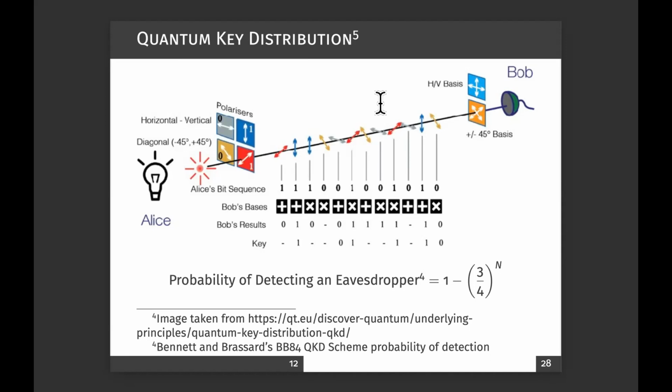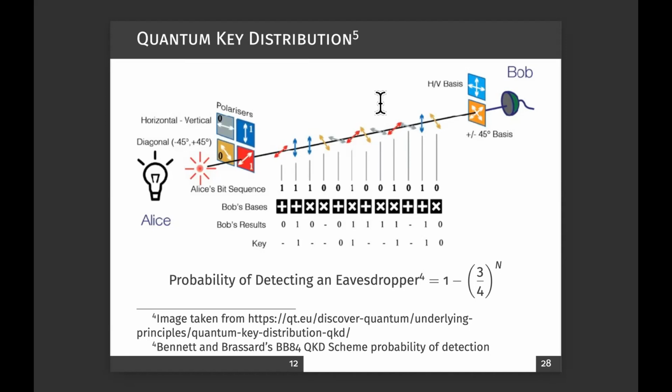But public key cryptography is usually based on algorithms like RSA and elliptic curve. Then if you have a quantum computer, that would not be good.